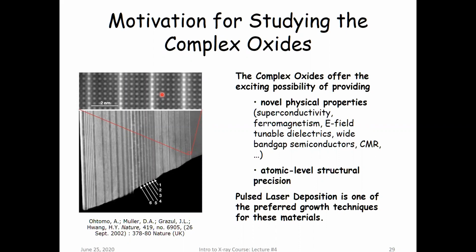The other day I mentioned that there aren't very many examples of this, silicon being the primary one, but it turns out the complex oxides are a second example. In the research context, pulsed laser deposition is one of the growth techniques that's able to do this.